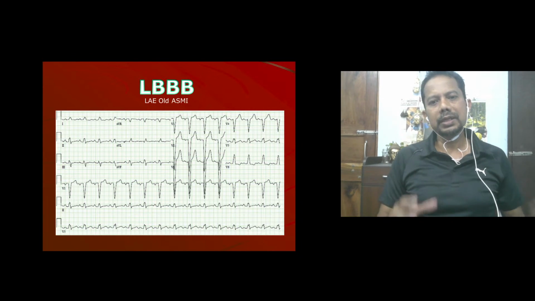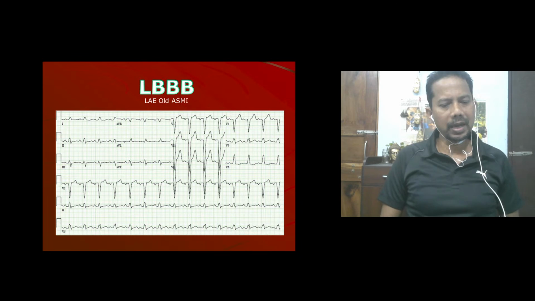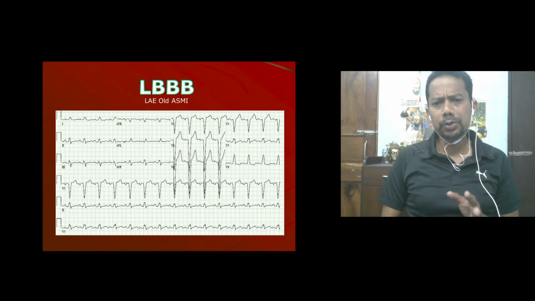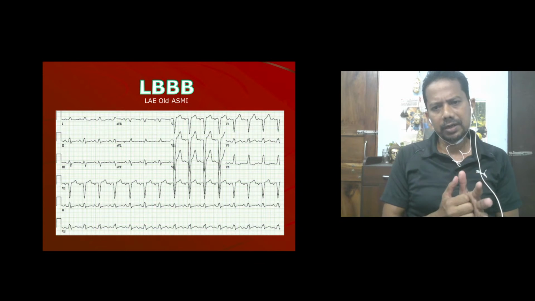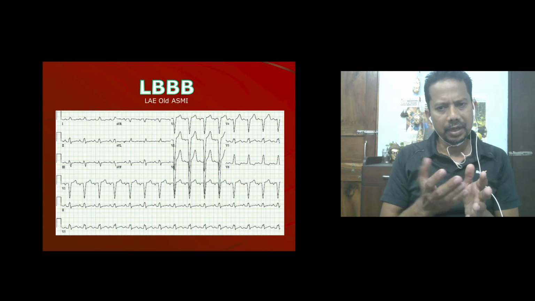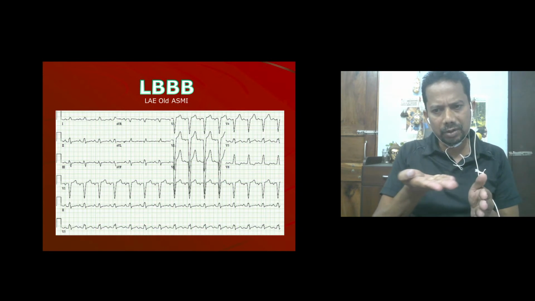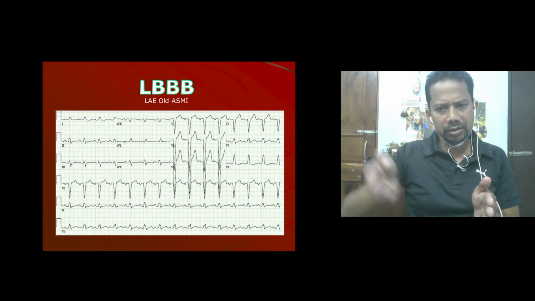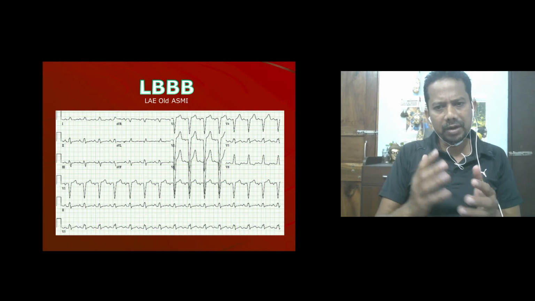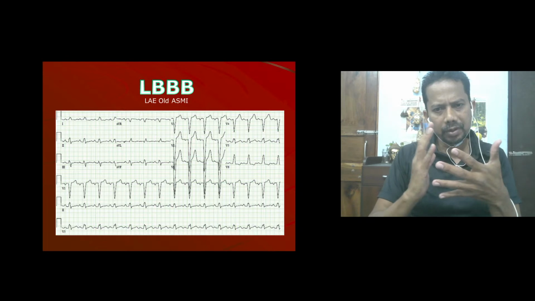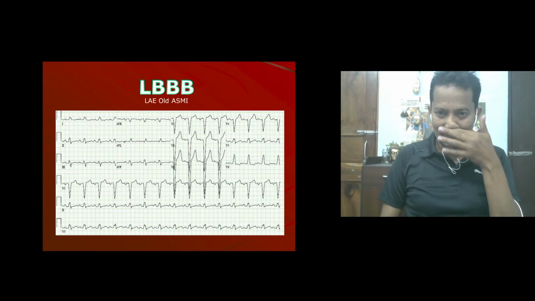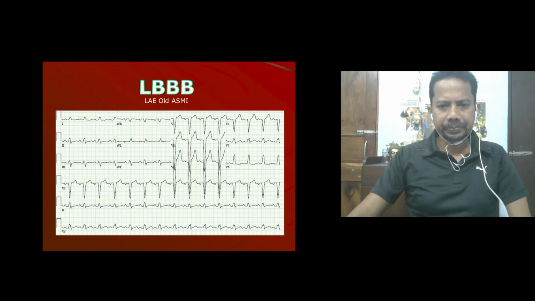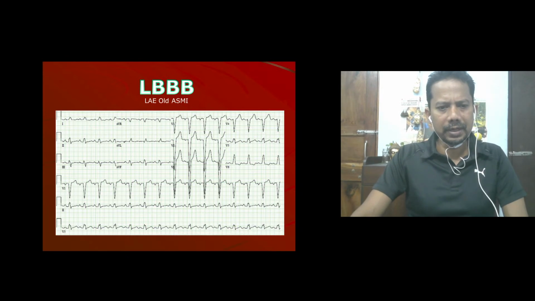So that is left atrial enlargement, and always remember, you never say left atrial hypertrophy, you always say left atrial enlargement, left atrial dilatation. The current in the atrium travels across the wall, whereas in the myocardium it travels transmurally, through and through, from endocardium into myocardium into epicardium. So that is very important. So there is a left atrial enlargement.